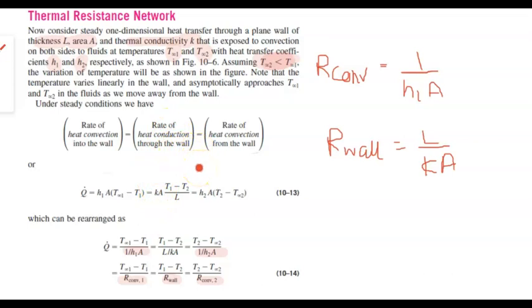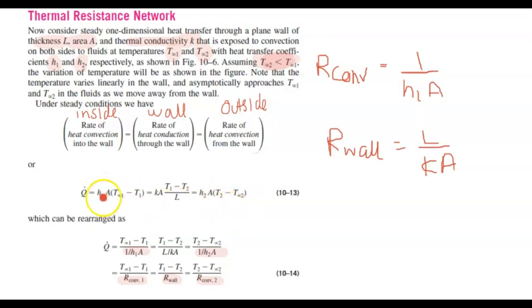For heat conduction through the wall, rather than using H, I am going to use K, because K is the constant: K A over L, T1 minus T2. Then this is the outside of the wall, this is the wall itself, and this is the inside, in the room. So outside is the same: H2 A, T2 minus T infinity 2.